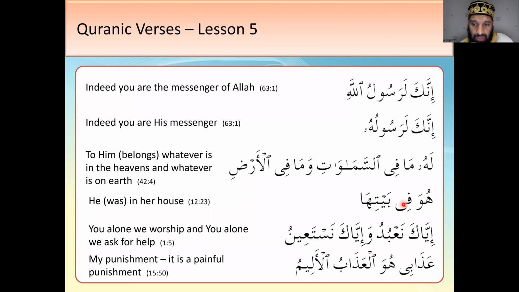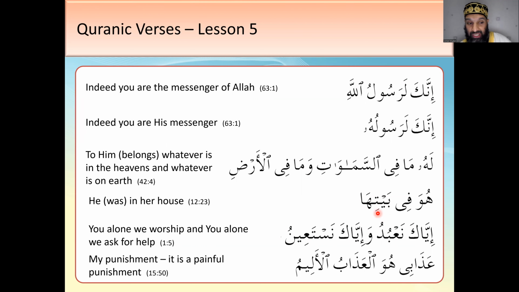Right? Look at this one. Huwa. Right, so this one we should know completely. Huwa. What does huwa mean? Separate pronoun. Huwa. He is. Oh, okay, in the context of the sentence, he was, okay? He was. Fi, in. Baytiha. What's Baytiha mean? Bayt is house.